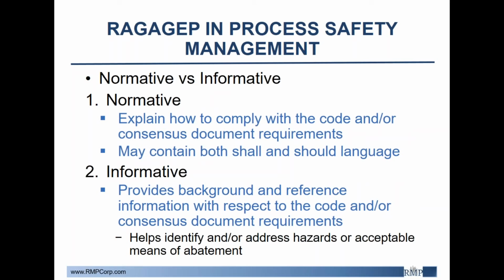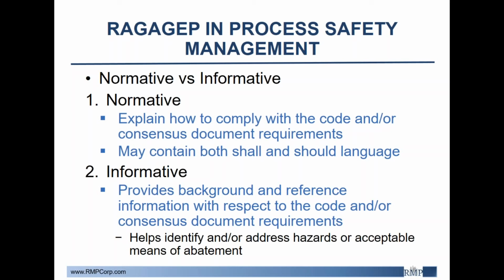Other wording that OSHA has provided clarification on is normative versus informative. Normative explains how to comply with the code and/or consensus document requirements. Normative sections of a RAGAGEP standard may contain both shall and should language.